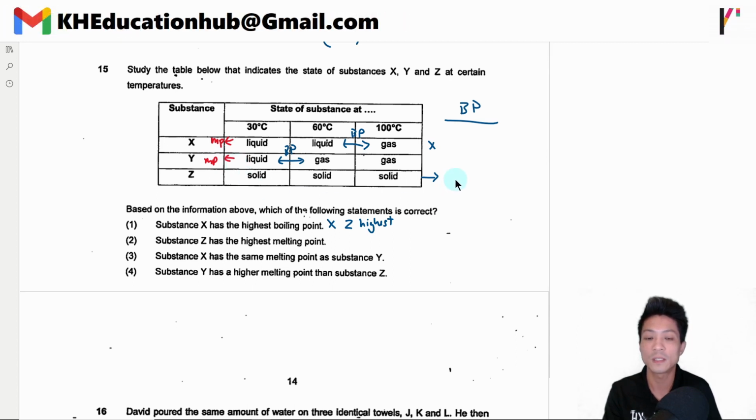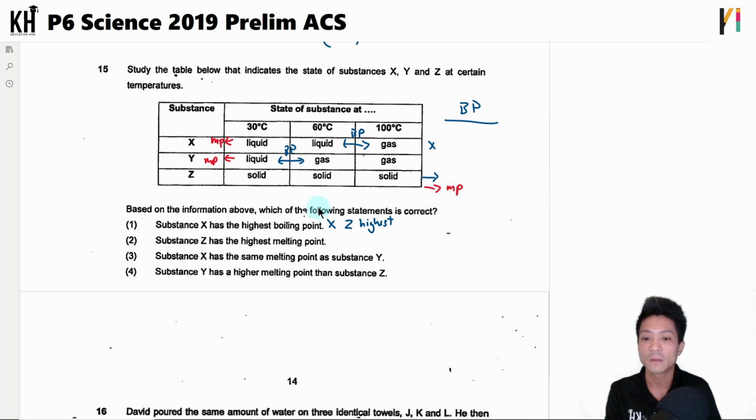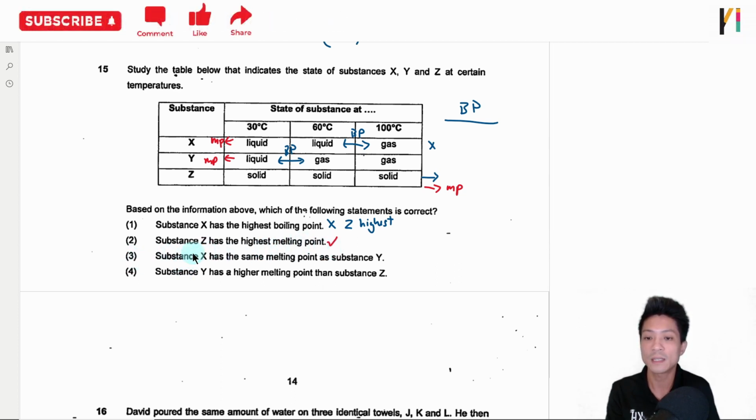And for Z, the melting point is higher than 100. So in this case, yes, Z indeed has the highest melting point, but let's continue to check option 3. Substance X has the same melting point as Y.